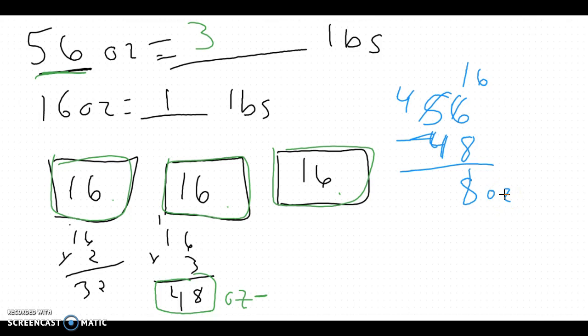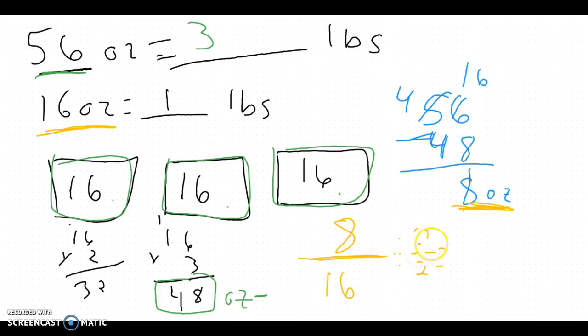Now, to find what fraction of a pound I have left, my leftover is going to be my numerator, 8 ounces, and then however many are in one whole, 16 ounces, that's going to go on the bottom, 16. So my 8 was my leftovers. My 16 is how many are in one whole. Then I would need to simplify this, 8/16.